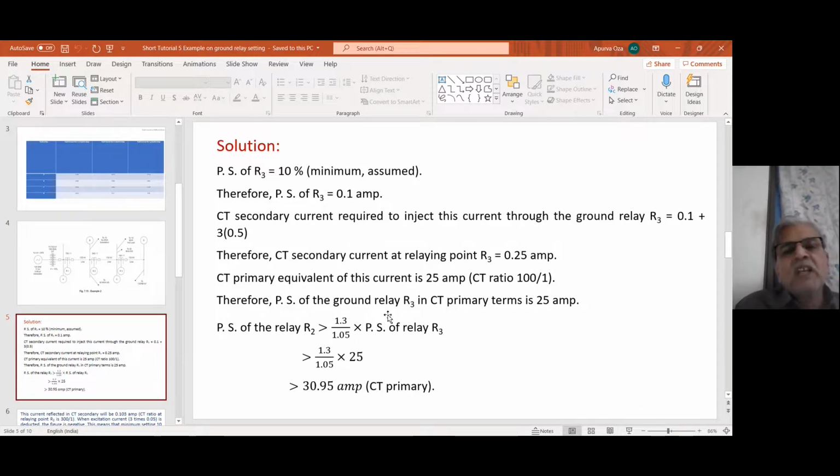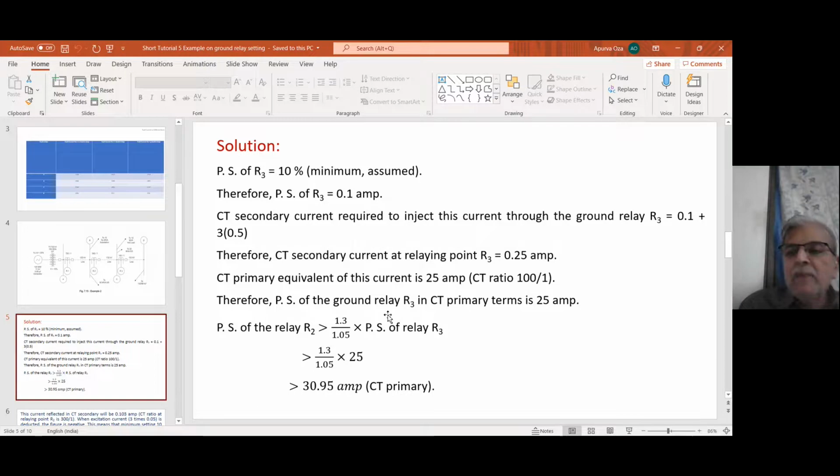So the CT secondary required to inject this current of 0.1 through the relay, what will it have to inject? It will have to inject 0.1 that is required for the relay plus 3 times 0.05. I'm sorry, there is an error. 3 times 0.05, that is 0.15.